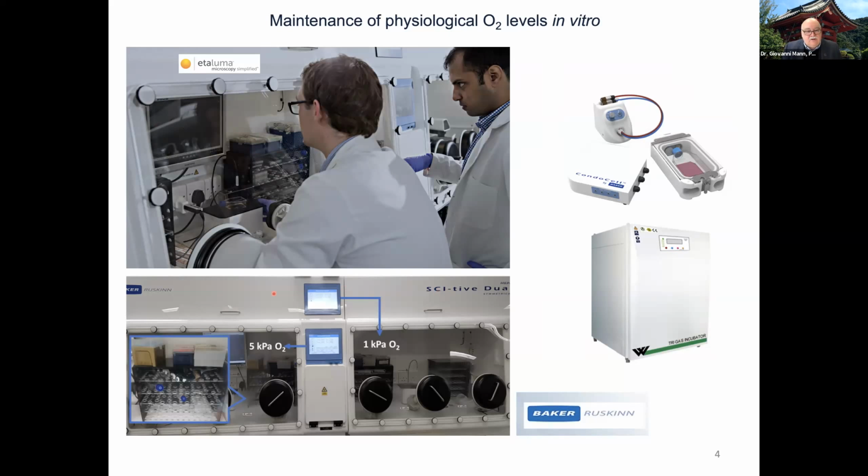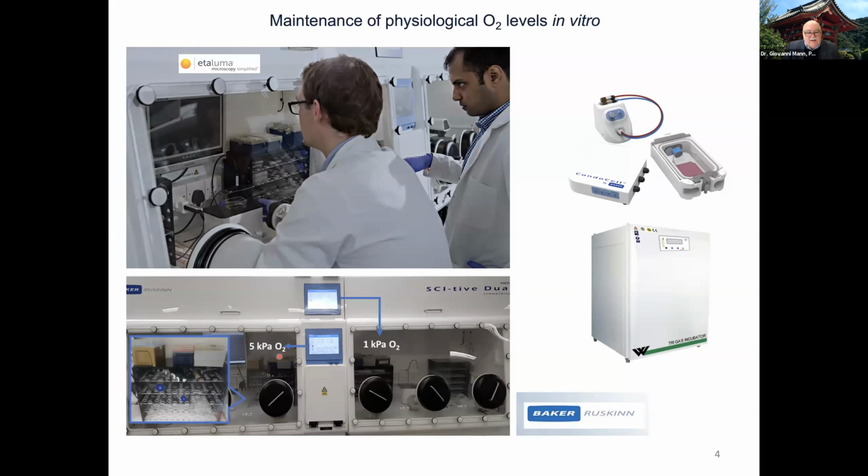The advantage of this Cytive workstation is that it has 2 chambers. And as you can see here on the left-hand side, we're maintaining that chamber at an oxygen level of 5 kilopascals. I'll come to that a little bit later, but I already alluded to the fact that this is the oxygen level that microvascular beds in organs see in vivo.